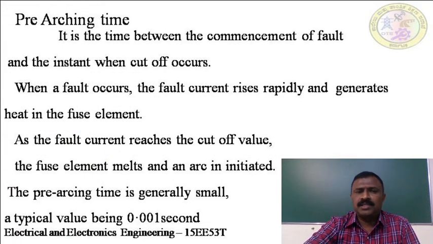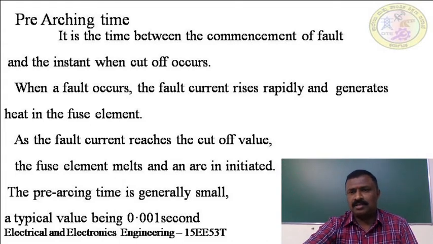Next we'll see what arcing time, pre-arcing time and total operating time are. The pre-arcing time is the time between the commencement of fault and the instant when cutoff occurs.